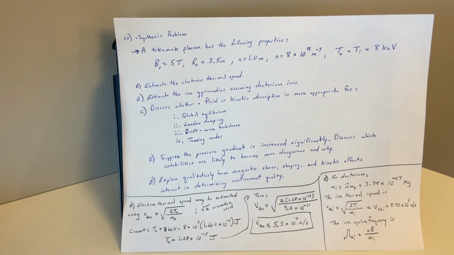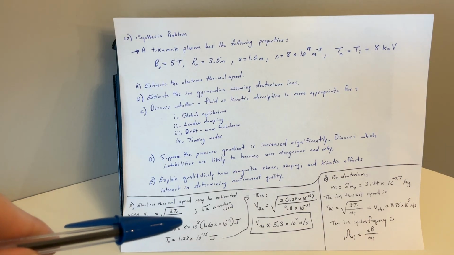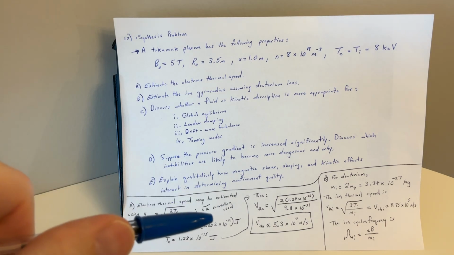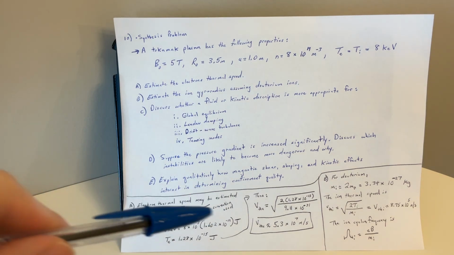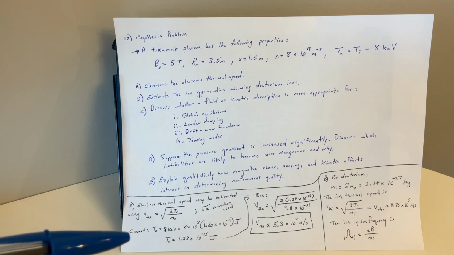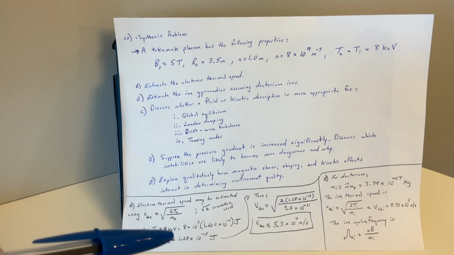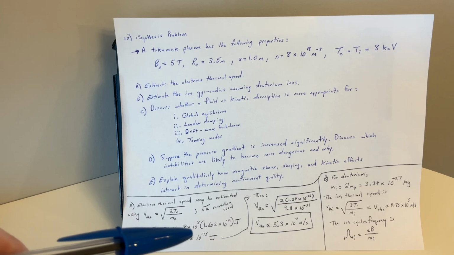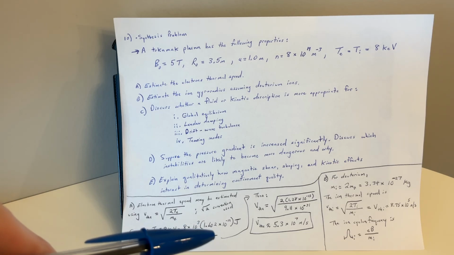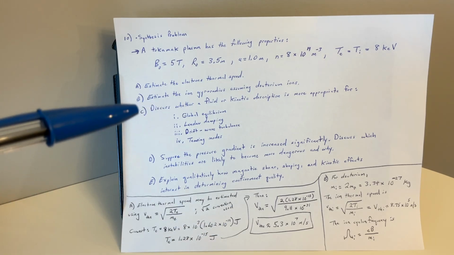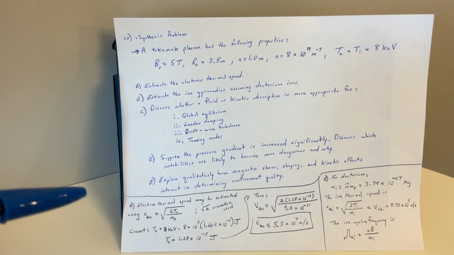Electron thermal speed may be estimated using v_the equals the square root of 2T_e over m_e, and we're using the square root of 2 convention. We convert T_e equal to 8 keV equals 8 times 10^3 times 1.60 times 10^-19 joules.